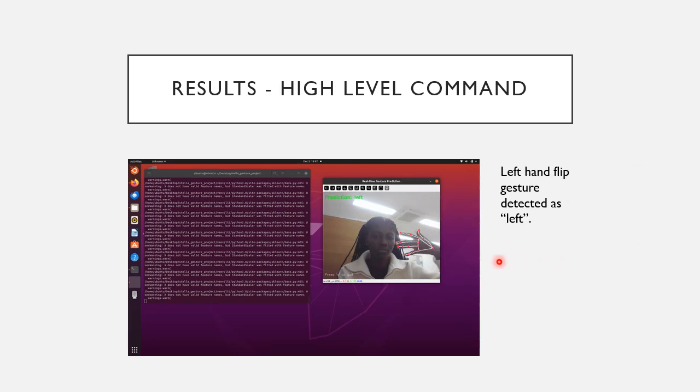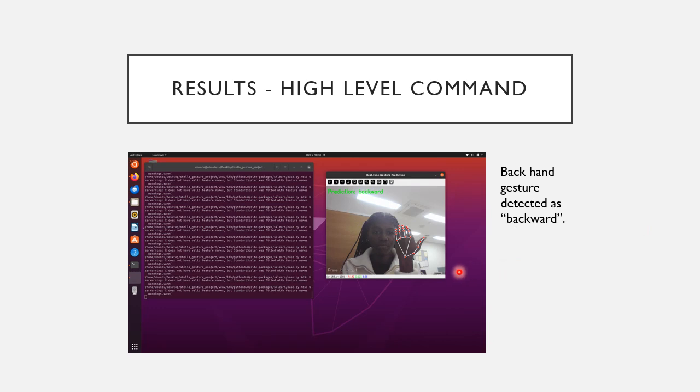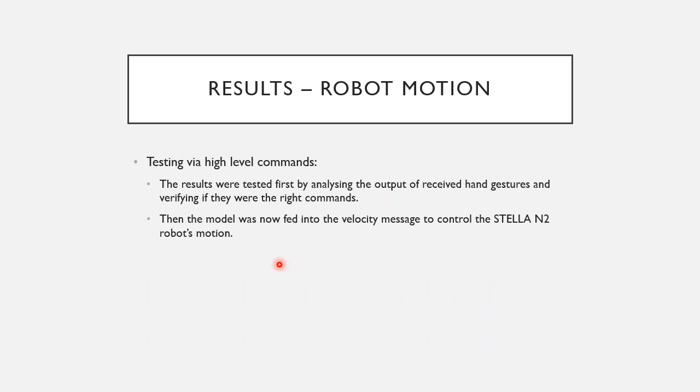The same thing happened for the left flip. The left flip resulted in left. Then the right flip resulted in right. And the backhand gesture resulted in backward. And then the open palm resulted in forward. So that meant that the testing via high-level commands was successful.